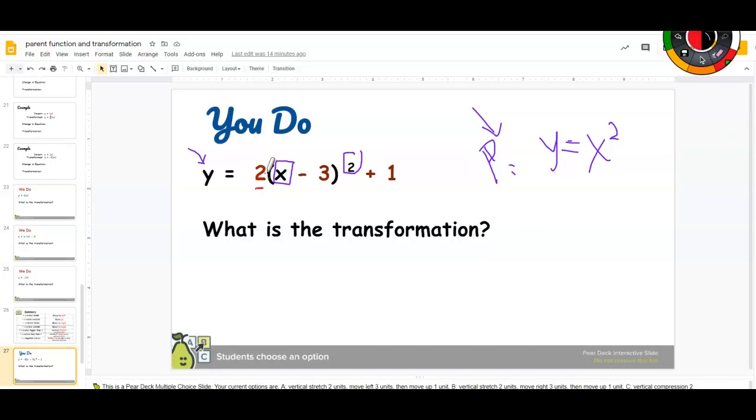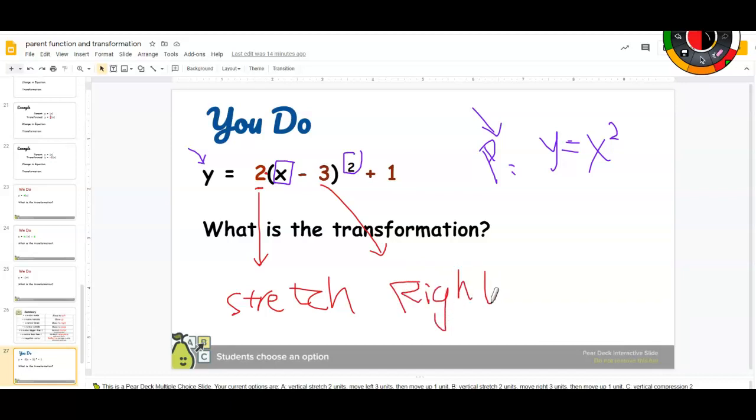Here you times a number in the front. It means the 2 means vertical stretch. Here you minus a 3 inside of x, inside of the parentheses. It means go to the right 3 times.